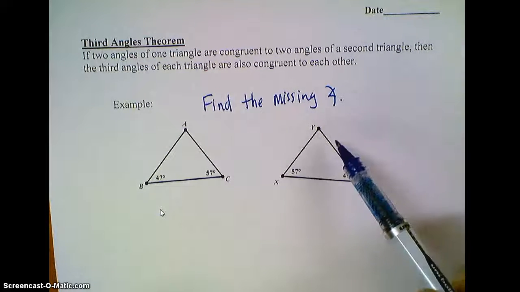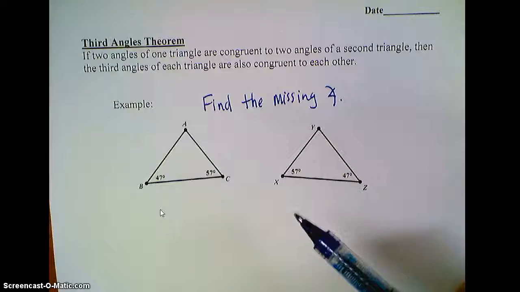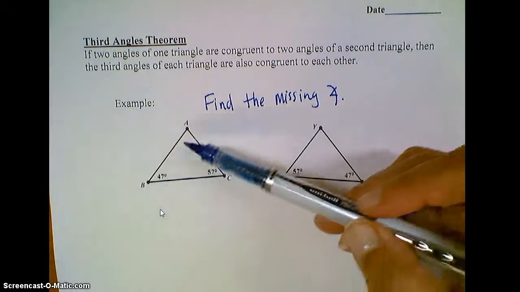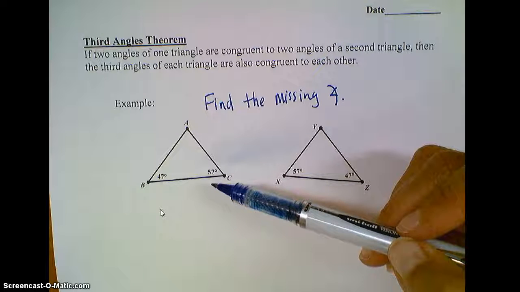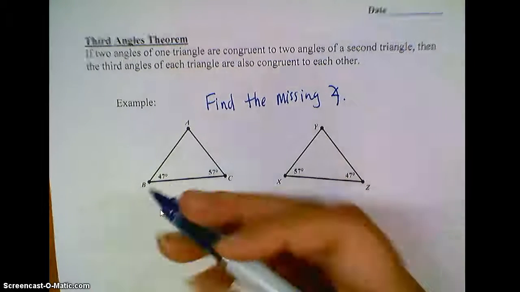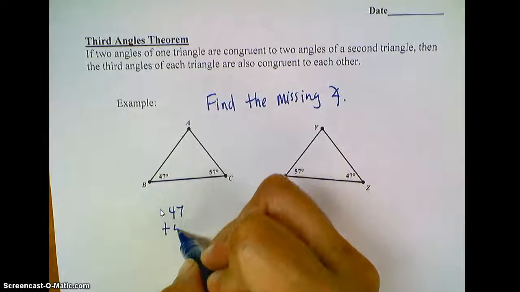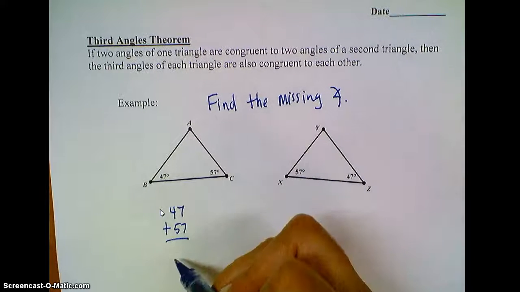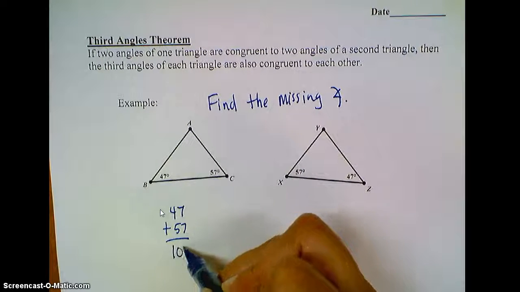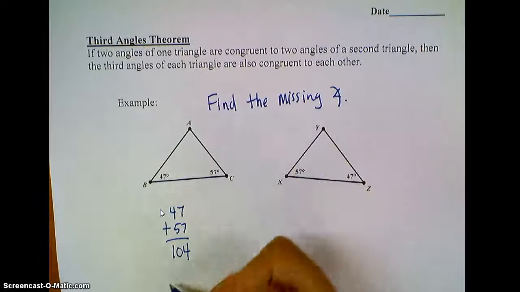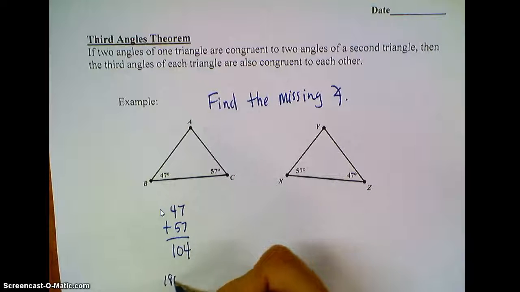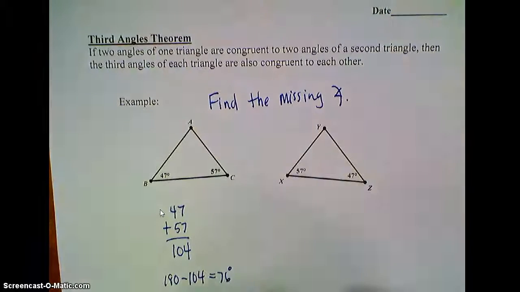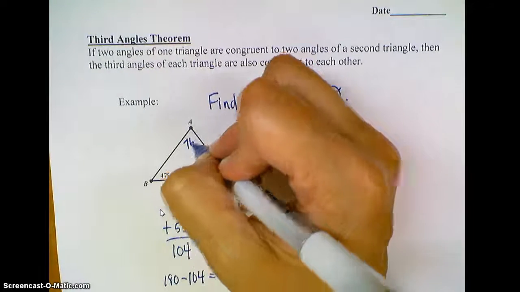Again, this is a logical extension from the triangle angle sum theorem, which says the sum of the angles of any triangle will equal 180 degrees. Well, in this triangle, I've used up 47 plus 57 degrees, which add up to be 104, leaving me with 76 degrees for the third angle.